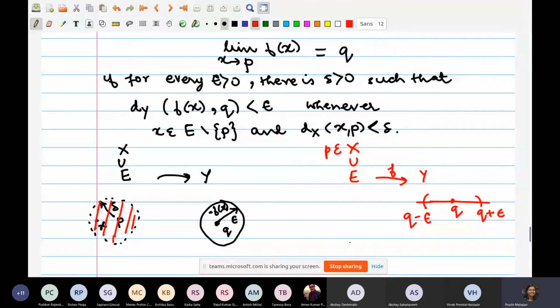P is somewhere here in X. I'm drawing this picture assuming both X and Y are the real line with the Euclidean metric. This is just a pictorial representation.